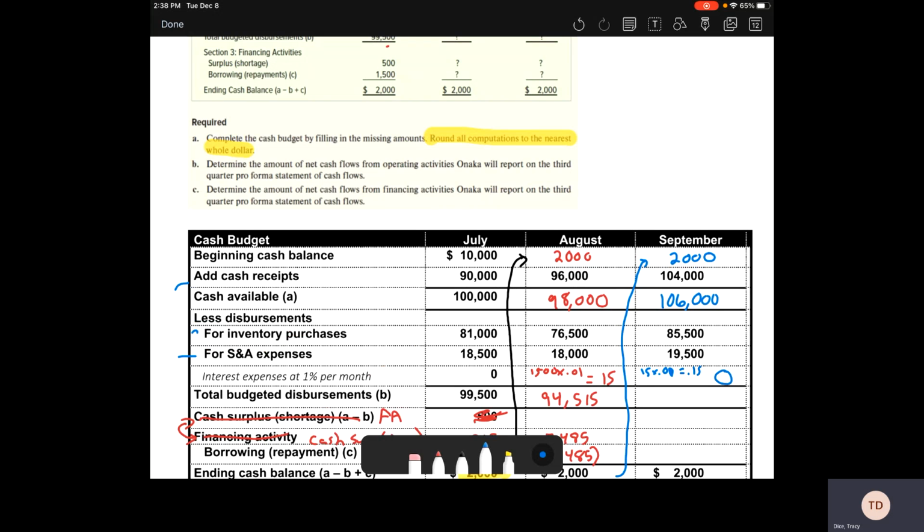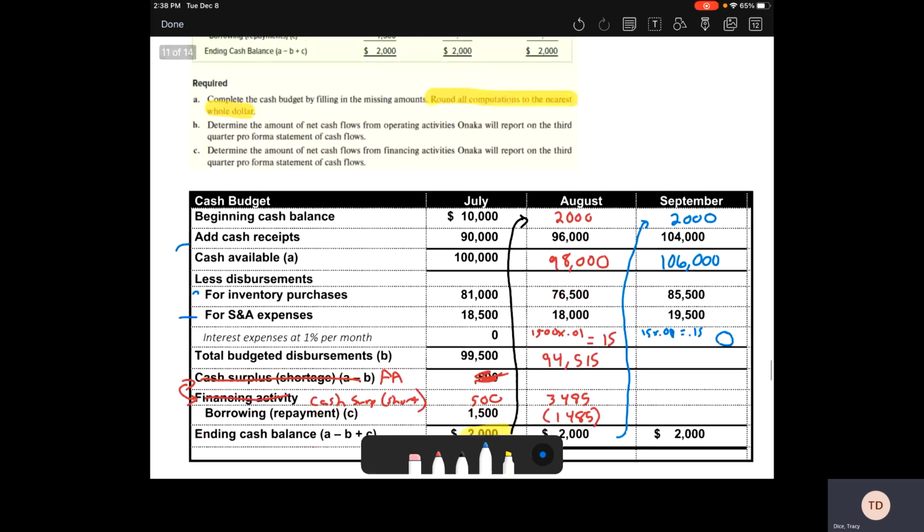So no interest for the month of September, which then gives us total budgeted payments of $105,000. And so then we end up and see that we have $1,000 left over. Unfortunately, that's not enough because we have a cash surplus of $1,000, but we want $2,000. So we are going to again borrow $1,000 to get our ending cash balance to $2,000.